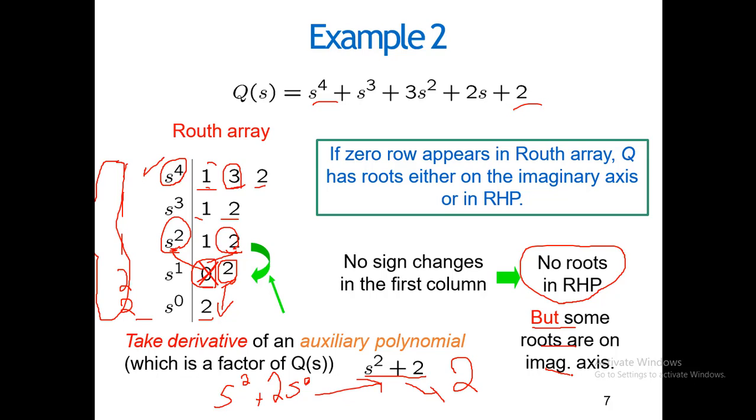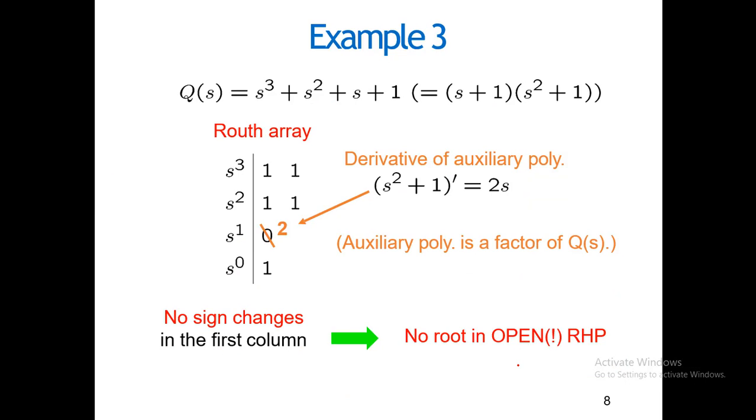Because this was the auxiliary polynomial, by the help of that we concluded that there are no roots on the right half plane, but it doesn't mean the system is accurately stable. It means there is some minute instability, because of the roots that are on the imaginary axis. So it doesn't mean that the system is unstable. It means there are some roots on the imaginary axis.